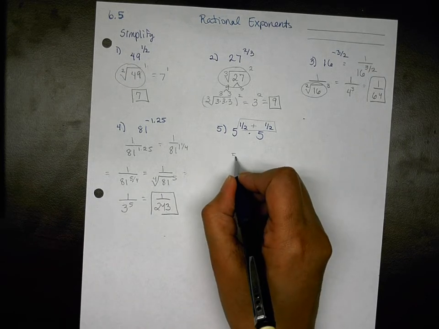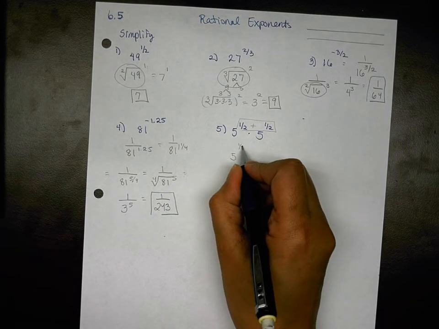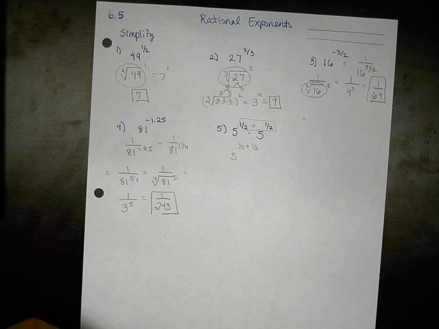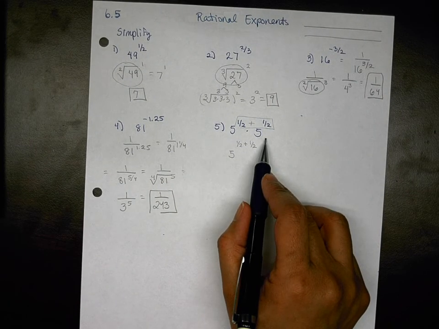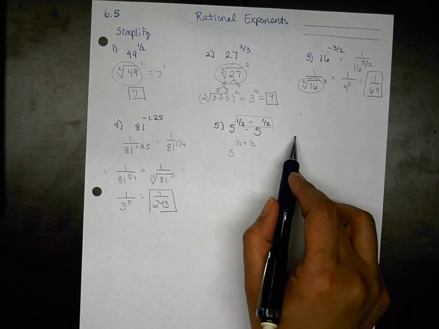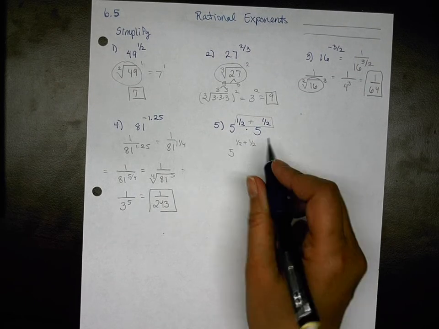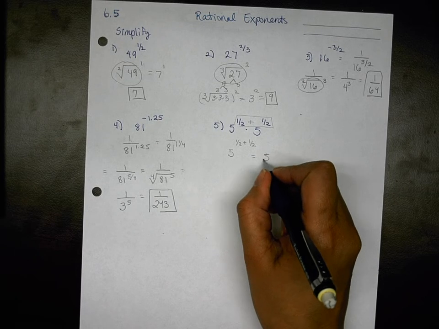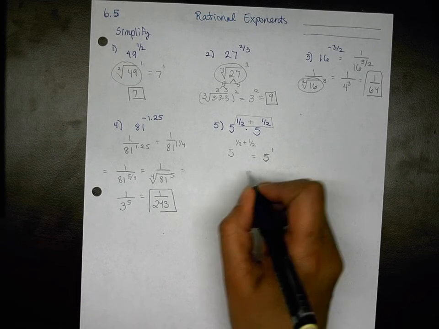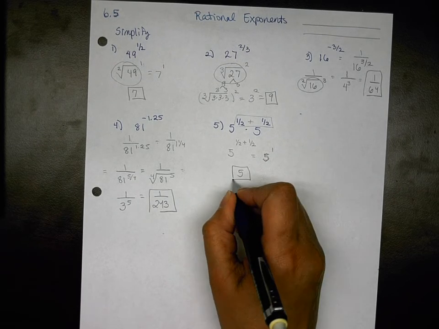So it's going to be 5 raised to the 1/2 plus 1/2. You add the exponents, the bases stay the same. x times x is x squared, not 2x squared, just x squared. 1/2 plus 1/2 is 1, and 5 to the 1st power is 5.